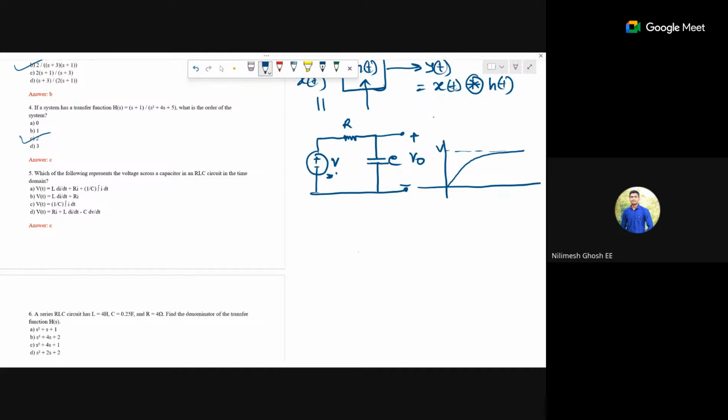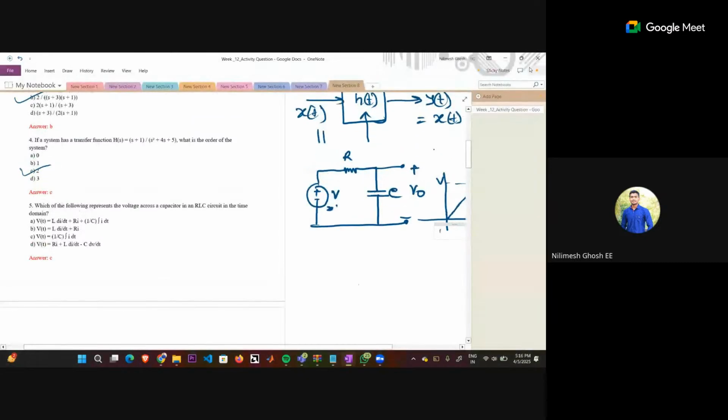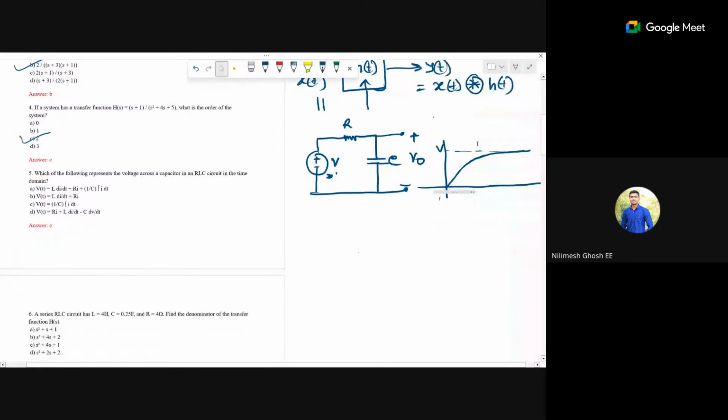Now see, this circuit is following this way. I told you, and you agreed with me. But it need not follow only this way, right? It can do this way also. It can follow this way also.